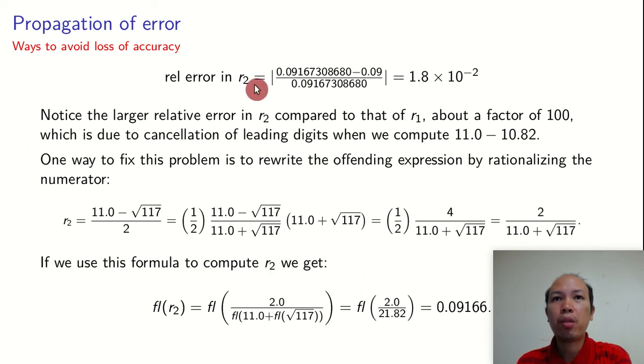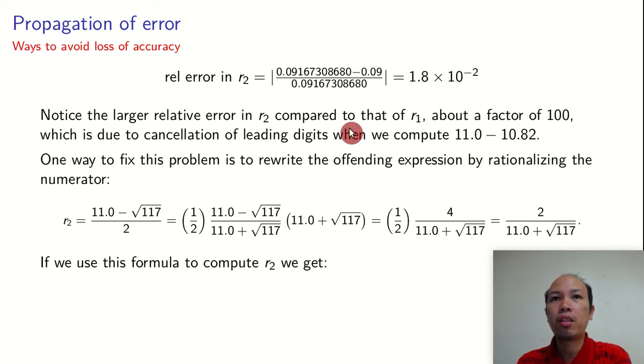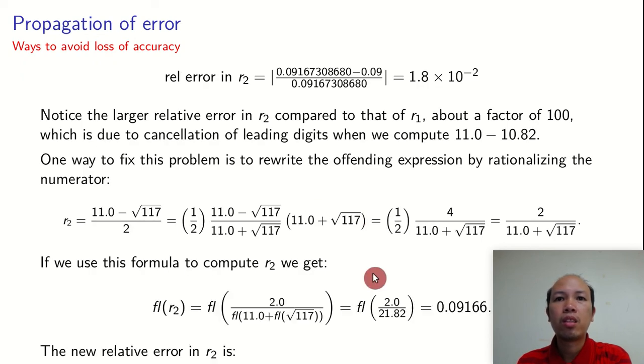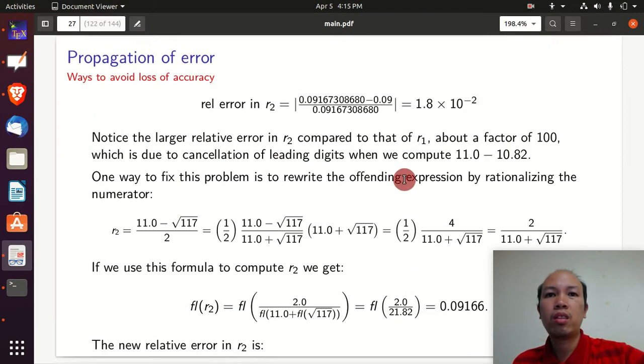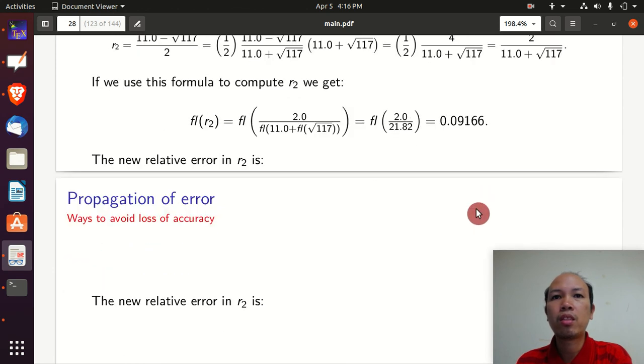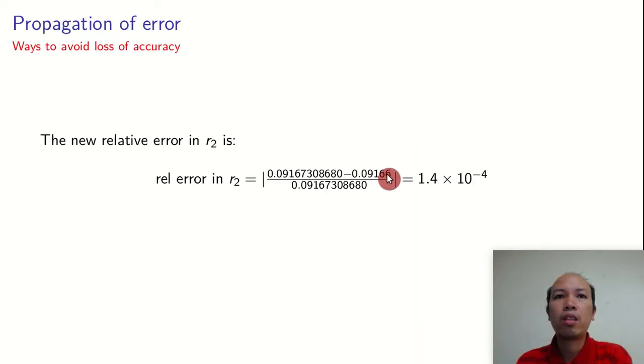there's no problem with r1. R2 is really the problem here. In r1 we have plus, but in r2 we have minus. So what will happen if we use this one? The answer is 0.0916. So the new relative error will be this one.